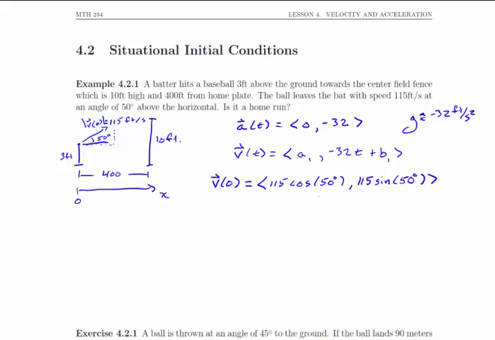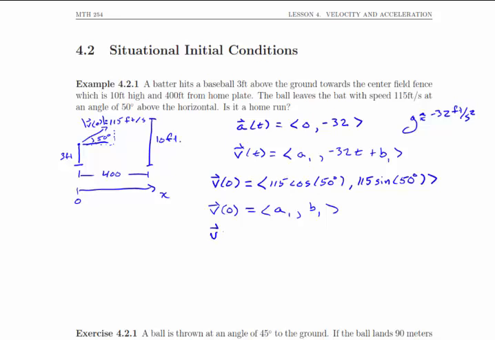So here I can use this and say, okay, v of 0, if I plug 0 into my generalized velocity function, I get a1 comma b1, and so we can quickly see that a1, b1 is exactly these components.